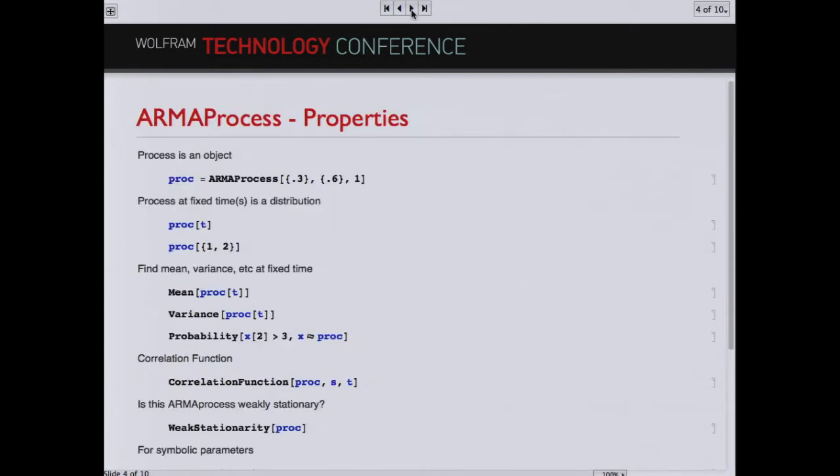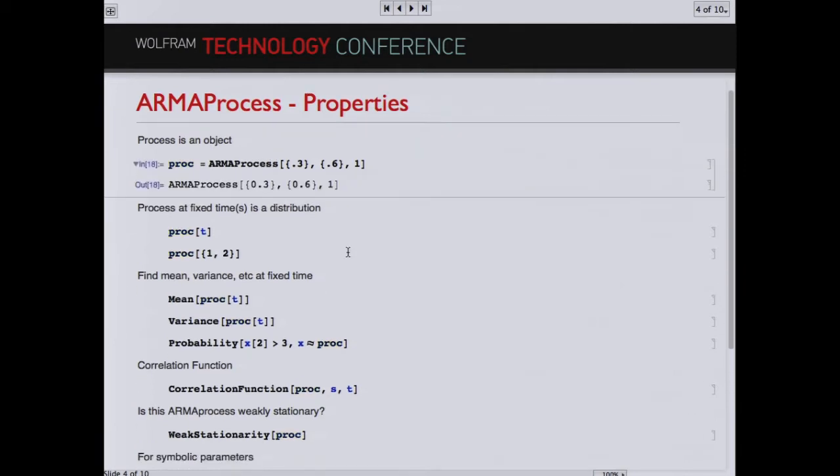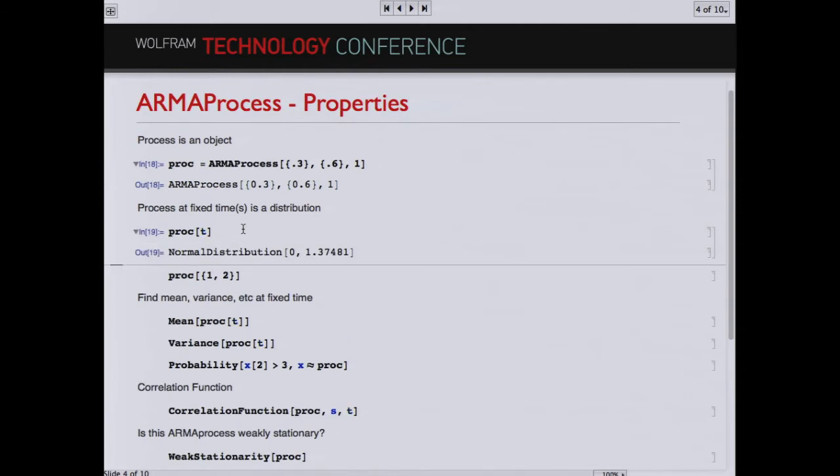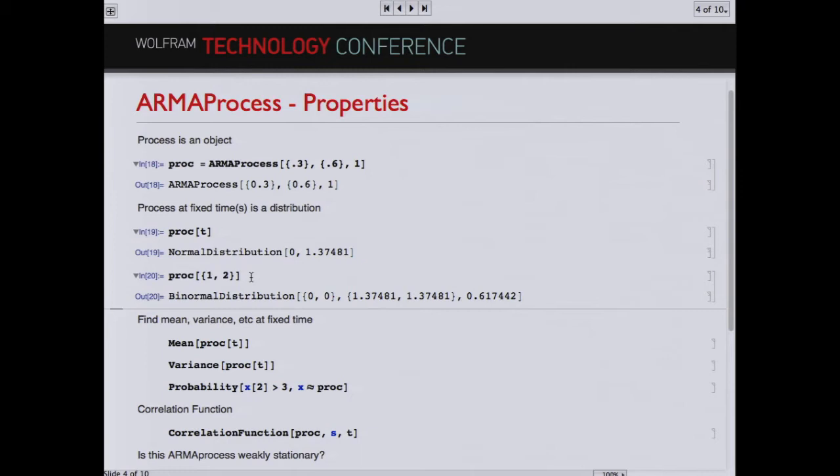So some properties. I have to define my process object, and those who went to Roger's talk earlier today know that this is a distribution. So the value of the process at a given time is a slice distribution. In this situation for ARMA, it's a normal distribution. When I have 2 times and I slice this at 2 times, I get a binormal distribution.